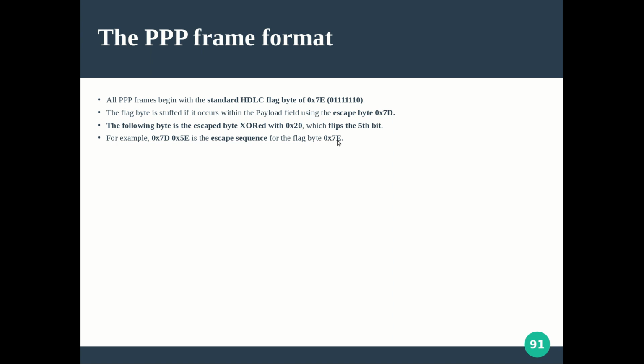This 0x7E is part of the payload and should not be interpreted as the end delimiter pattern. So you attach the special escape sequence before the 0x7E. The 0x7E in the original payload should be communicated as 0x7E, and before that we stuff the escape byte 0x7D. So 0x7D followed by 0x7E.